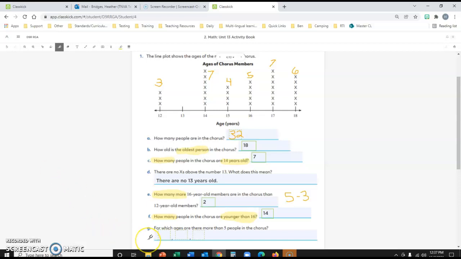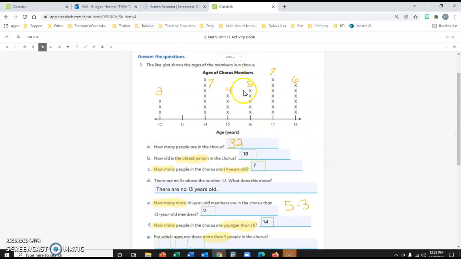Last one, G. For which ages are there more than 5 people in the chorus? So I'm going to take a look up here and I'm going to see which of these age groups have more than 5. Now, I'm not going to include the 16-year-olds because I'm only wanting those that have more than 5, not 5 and more.